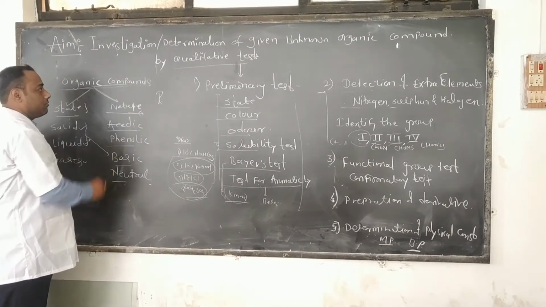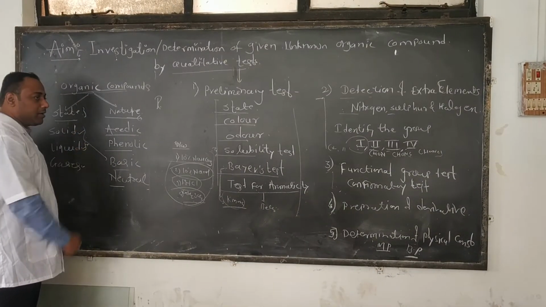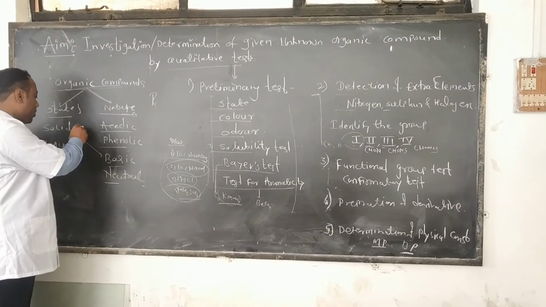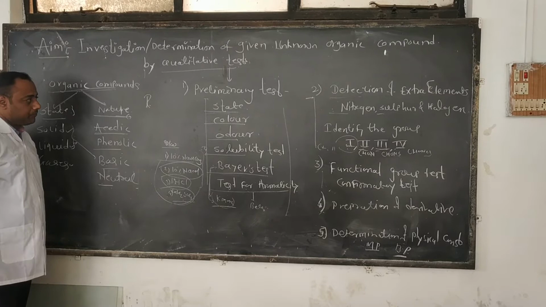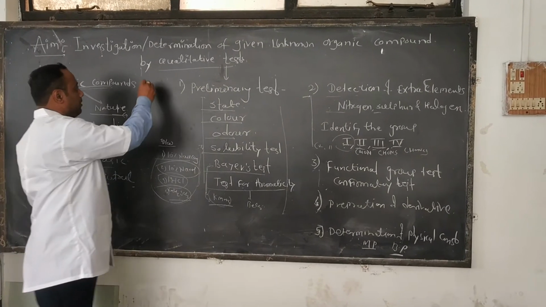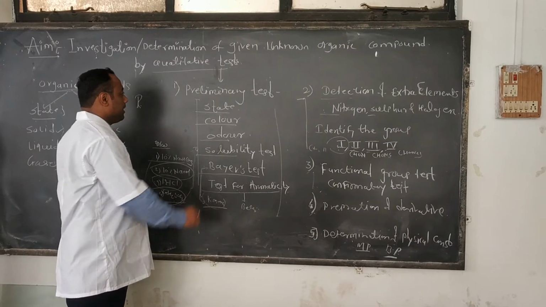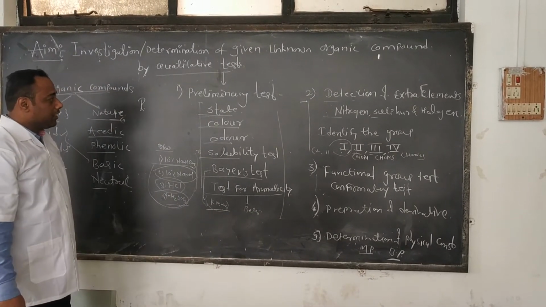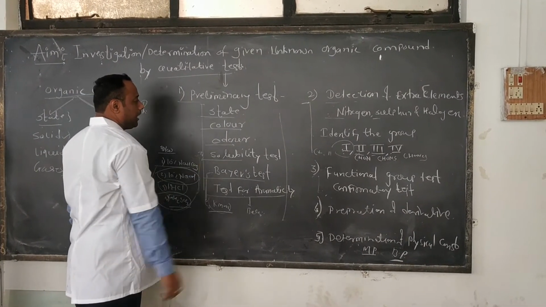For this qualitative analysis, only solid and liquid organic compounds are given for this practical, and the solid or liquid may be acidic, phenolic, basic or neutral in nature. So, for determination or investigation of this unknown organic compound, there are 7 to 8 systematic qualitative analysis tests, which include first the preliminary test.